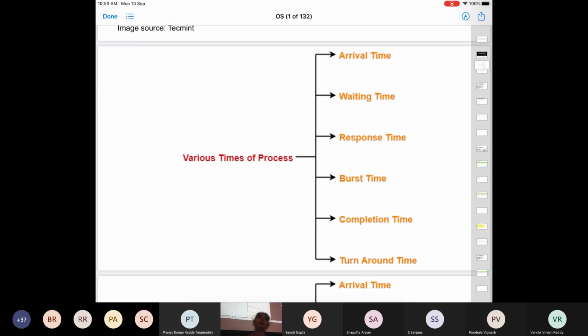We have to choose a process so that we optimize these parameters. I can sum up all these parameters in just two sentences. The first one is you should maximize CPU utilization. The CPU should be working most of the time. Second, you should execute as many processes as possible in as little time as possible.